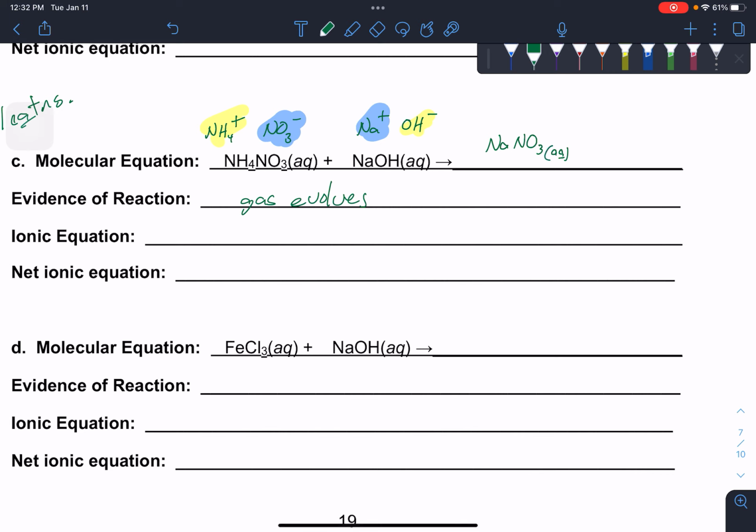Again, sodium and nitrate are fairly boring. They just don't do much. Now, sodium metal's not boring. Sodium cation, very boring. Unless it's in the context of high blood pressure, then it's not boring. Pretty much always a spectator ion.